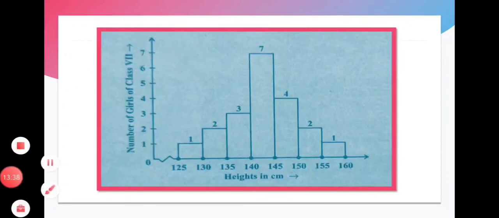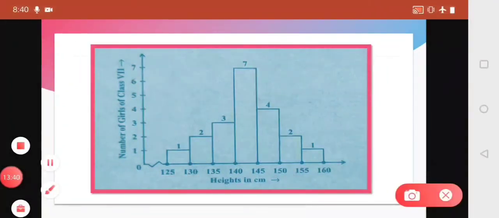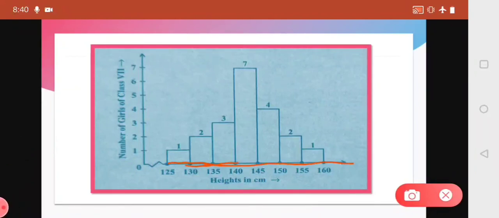Here you can see that the base of the rectangles is taken along class intervals only. And the height of each rectangle represents the frequencies given. This is how we represent or draw a histogram graphically.